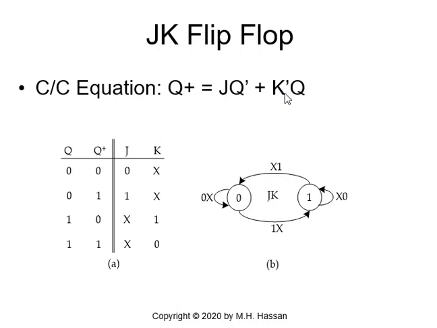To make it even easier, we go to the A prime map and we simplify for the ones. So we group the ones to obtain JA. Since this is K prime, we will go to the A map and we group the zeros to get K straightforward, because when we have the complement of a function, we group for the zeros.